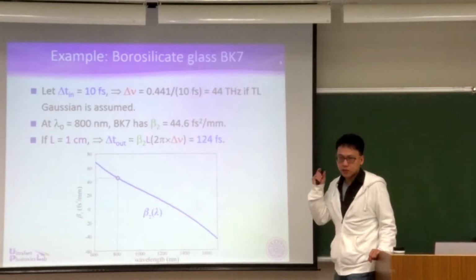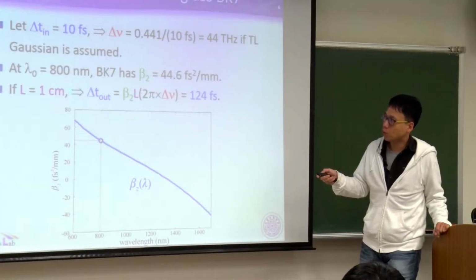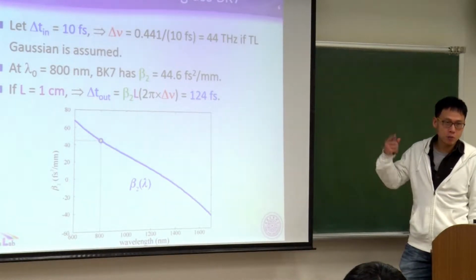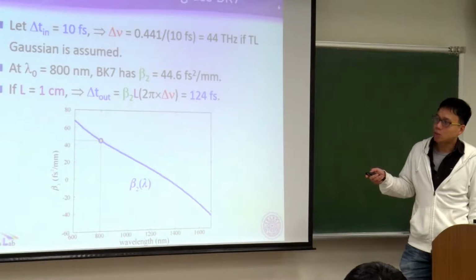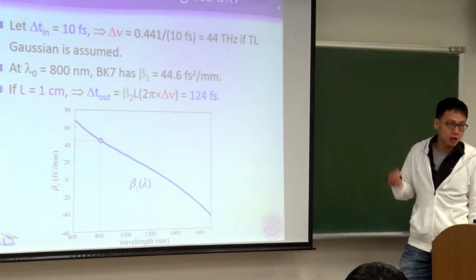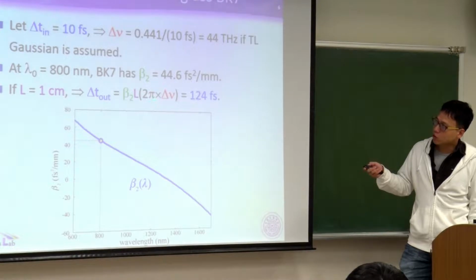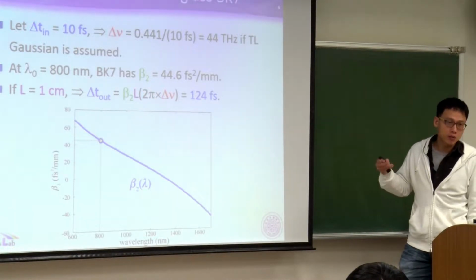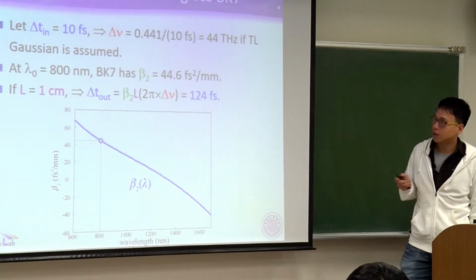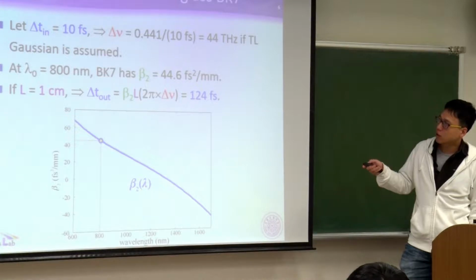Then if we assume the thickness of the BK7 glass is 1 centimeter, then you can use the formula in the previous page. The output pulse width is about beta 2 times L times bandwidth in terms of angular frequency. So this is 2 pi constant times bandwidth in terms of non-angular frequency, delta nu, 44 terahertz. So beta 2 is here, big L is 1 centimeter, delta nu is 44 terahertz.